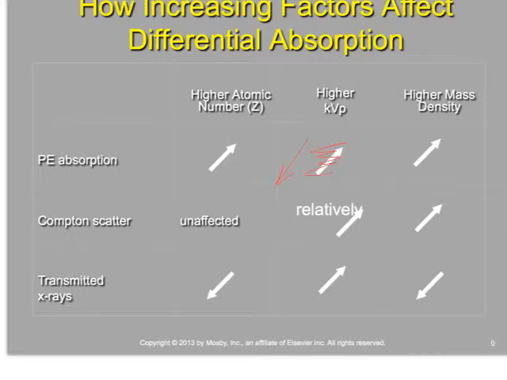Transmitted X-rays: with a higher atomic Z number, we will see a decrease in transmitted X-rays. With a higher KVP, we will see an increase in transmitted X-rays. With an increased mass density of the patient, we will see a decrease in transmitted X-rays. X-rays exiting the patient are sometimes also called the remnant beam, right? Transmitted X-rays, the remnant beam, whatever's exiting the patient.